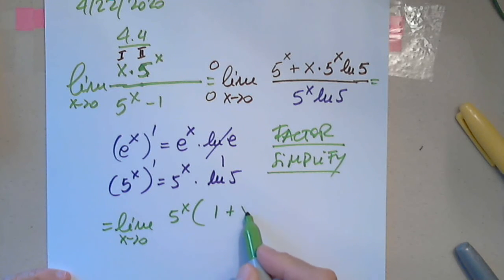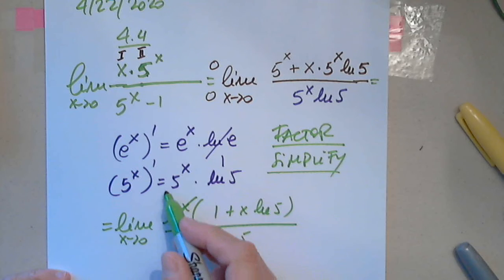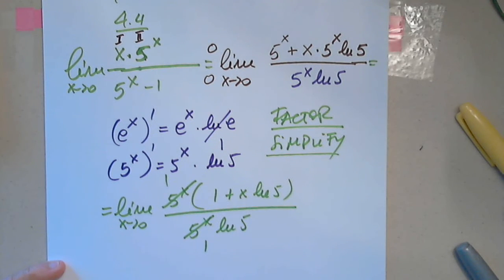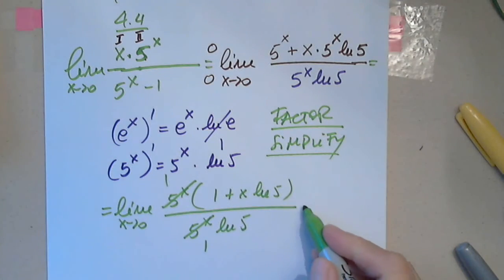And I have 1 plus x natural log 5 divided by 5 to the x natural log 5. Luckily, I can remove this factor. And then when I plug in 0, this is 0, and I am left with 1 over natural log 5.